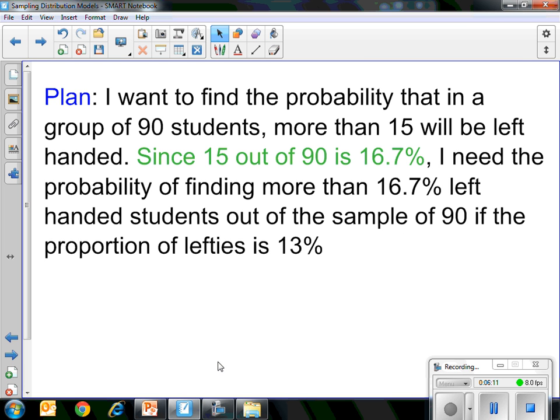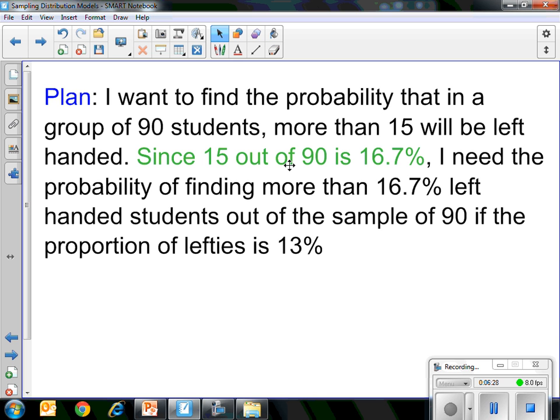So here's our plan. I want to find the probability that in a group of 90 students, more than 15 will be left-handed. So again, we have to figure that out. What is that percentage?